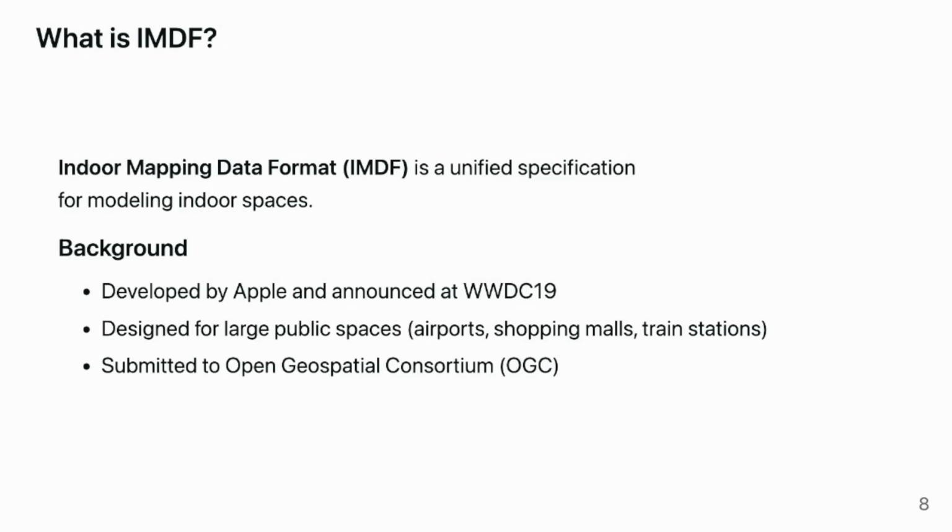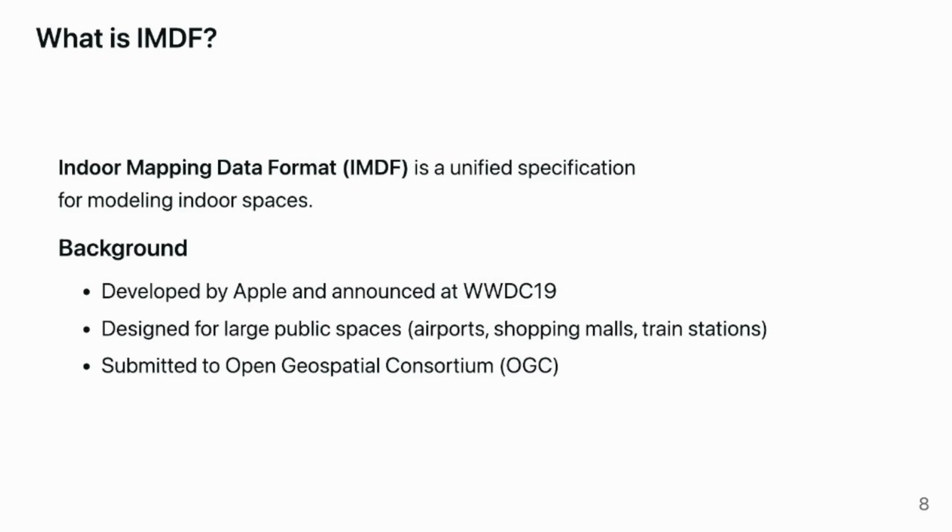It's a unified specification for modeling indoor space. It was developed by Apple to provide detailed indoor information in Apple Maps, particularly for large public spaces like airports, shopping malls, and train stations. Apple announced this format at WWDC 2019.